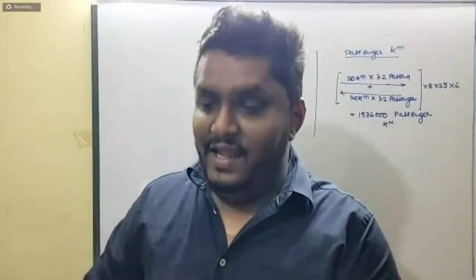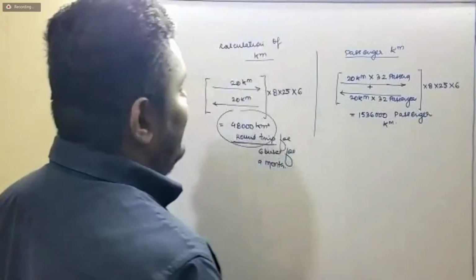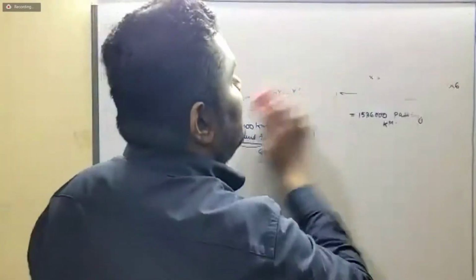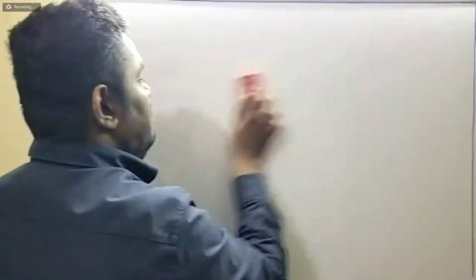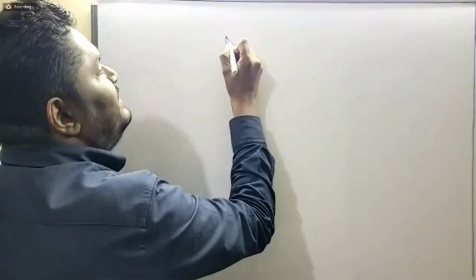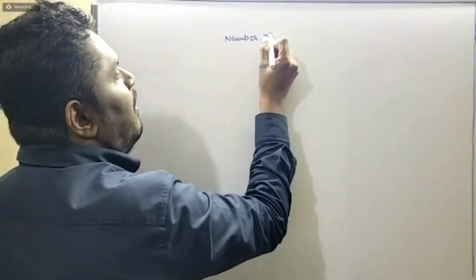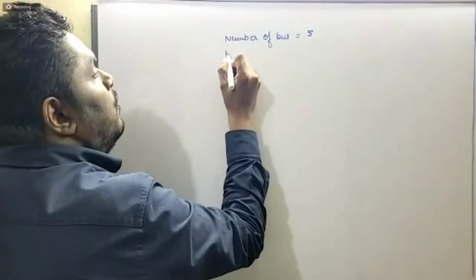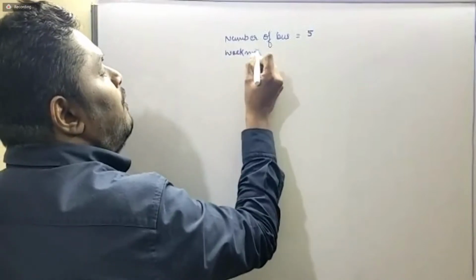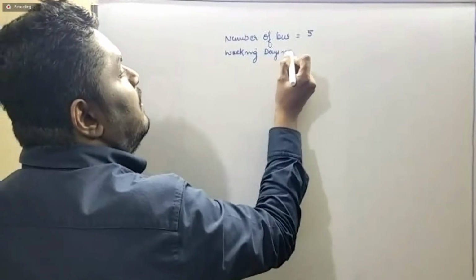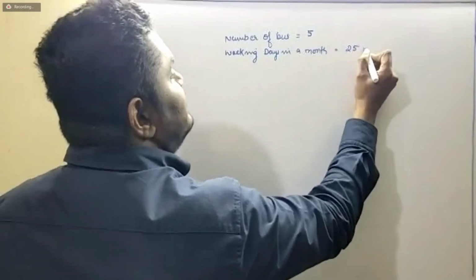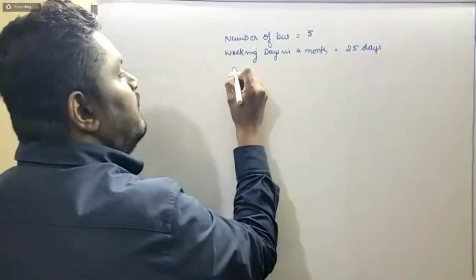Very good. Now, let me put up a question in front of you and let's see who answers. Let's say number of buses are 5. Working days in a month, 25 days.